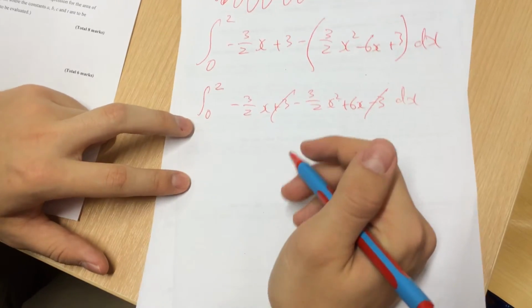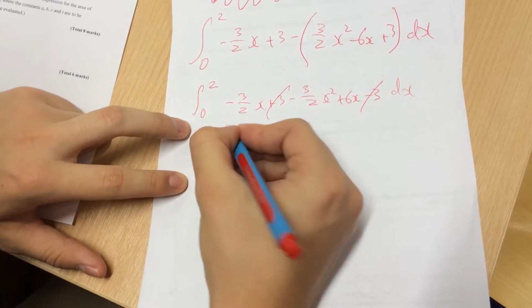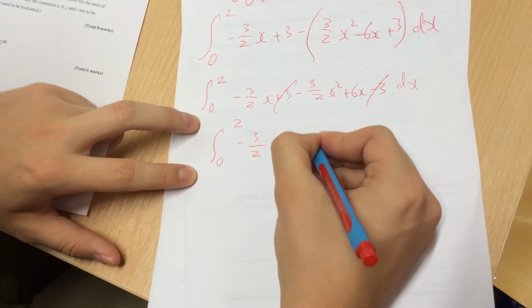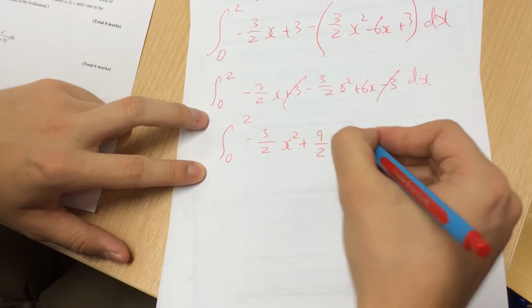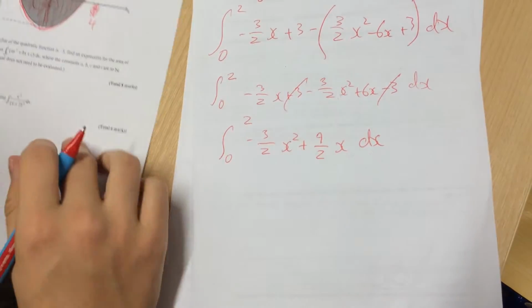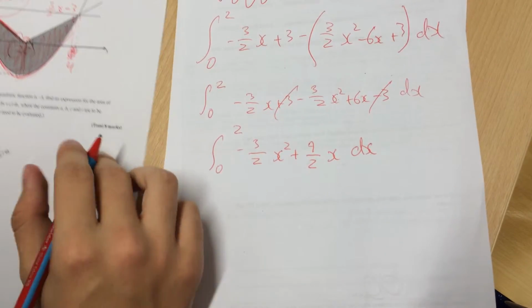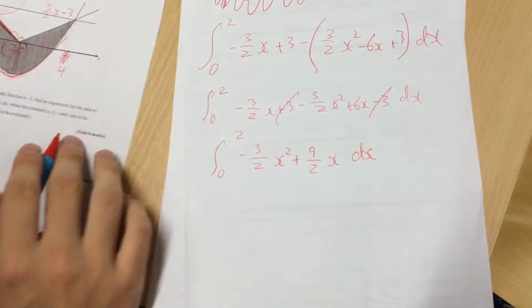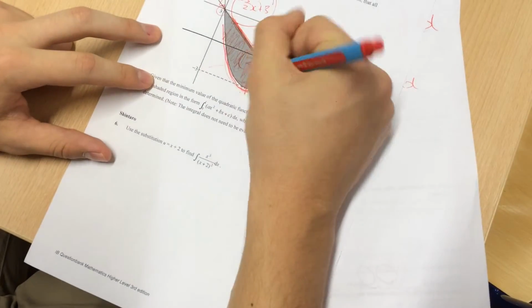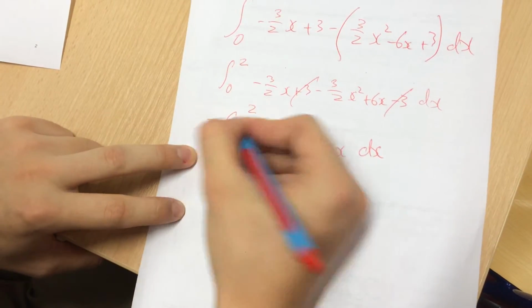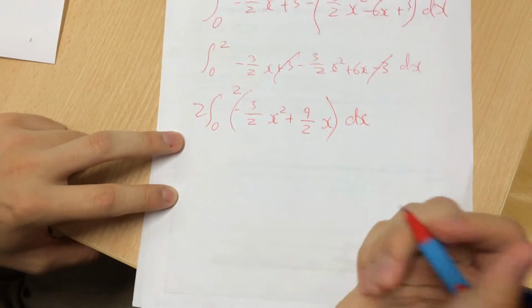That means we get the form integral from 0 to 2 of minus 3/2 x squared plus 9/2 x dx. Now, since this is only half of the actual area, after we integrate it into the form, we have to put a 2 in front in order to multiply this whole equation by it.